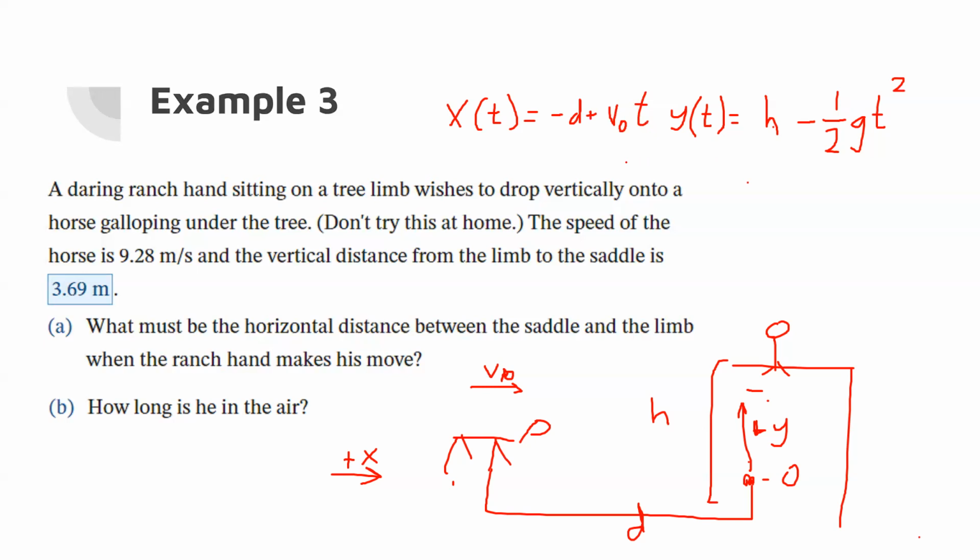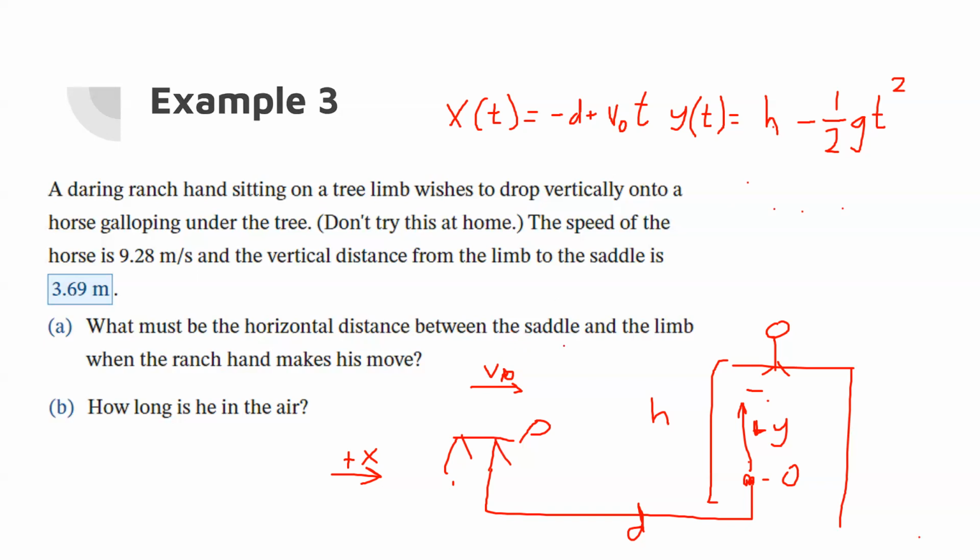And so for this one, I want them both to be at 0 at the same time, at x equals 0 and y equals 0 at the same time. So there's a couple ways I can solve this problem. I could just set the equations equal to each other, but I think it's easier to find how long, because part B asks for how long the ranch hand's in the air.